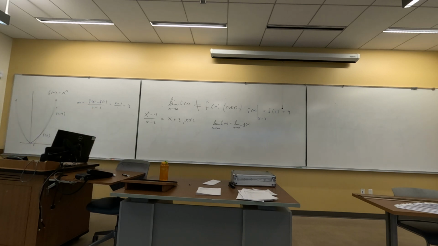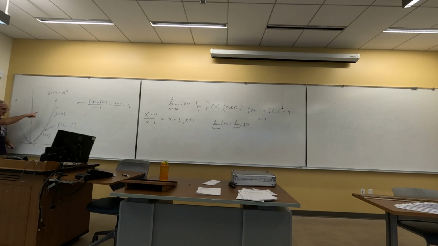Let's pick a point that's closer. What if I picked a point, let's say, I don't know, 1.1? And I'm going to be lazy and write 1.1 squared. But we'll calculate that in a moment. Now I want a different secant line, the one that passes through these 2 points.